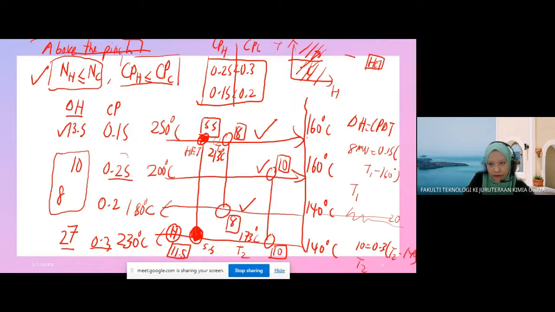You have your hot stream, exchanging the heat with the cold stream. So hot stream here is from 250 degrees C to 213 degrees C. And then for this heat exchanger, what is the temperature here? Not calculated yet.